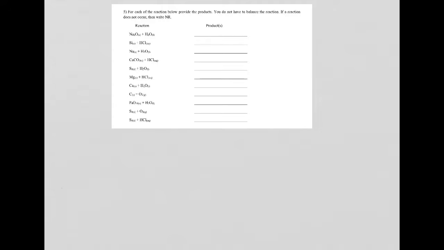I want to pull up the rules for you. So metals plus O2 gives you metal oxide. So probably your seminar instructor has done this. If they have, sorry, this is repeating them, but sometimes it's good to repeat.